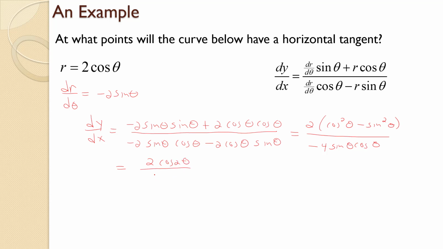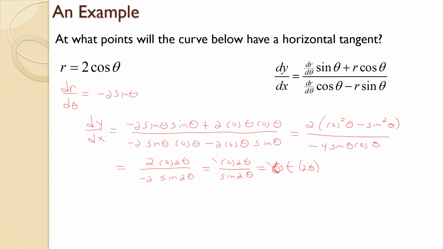The denominator can also be condensed into -2 times the sine of 2 theta. So that is the cosine of 2 theta over the sine of 2 theta, with a negative there. That further reduces to just negative cotangent of 2 theta.